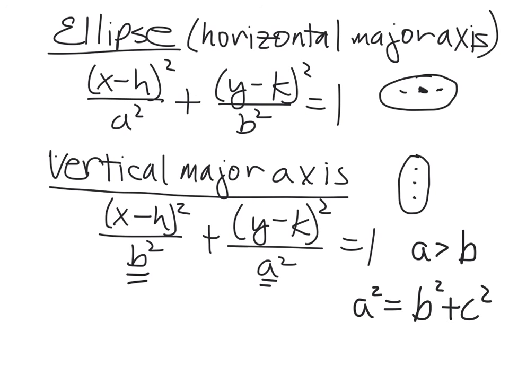Or what we showed earlier developing this, that denominator of a squared minus c squared, we let equal b squared. That comes from this relationship. So keep that in mind as we work with the equation. If we know a and c, then we have to use this relationship to find b.